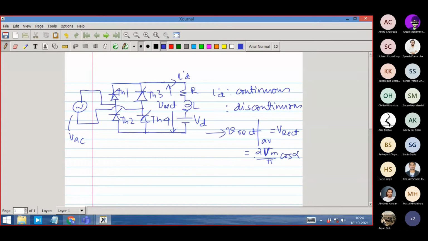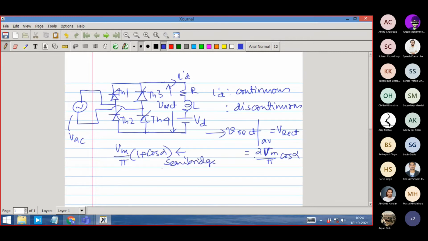By the way, I have already derived the rectified voltage for the semi-bridge converter, which would have been Vm by pi into (1 plus cos alpha).